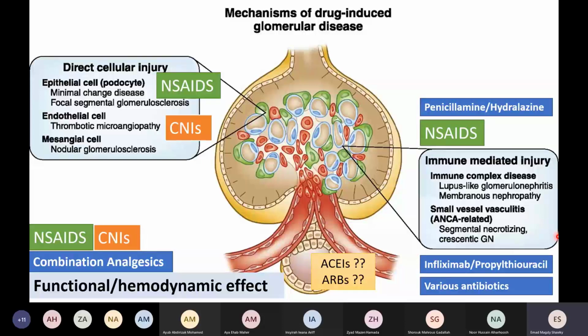I just give you the very commonly used examples, but they are not the only drugs. My aim is not to make the lecture full of unused knowledge. I'm just telling you the very important examples. So this is the direct cellular injury and the immune-mediated injury.